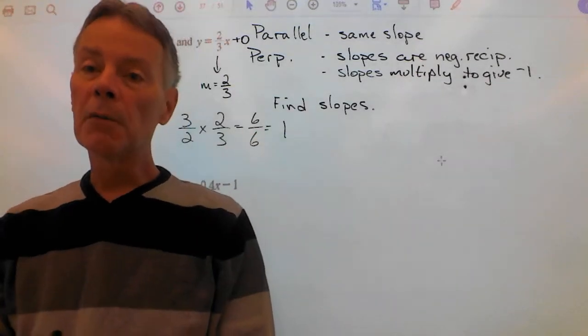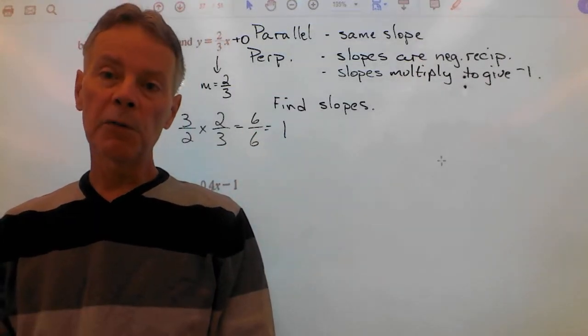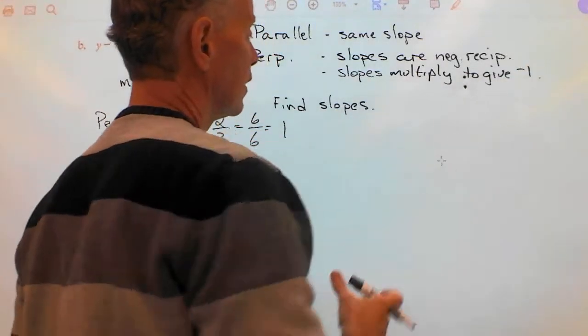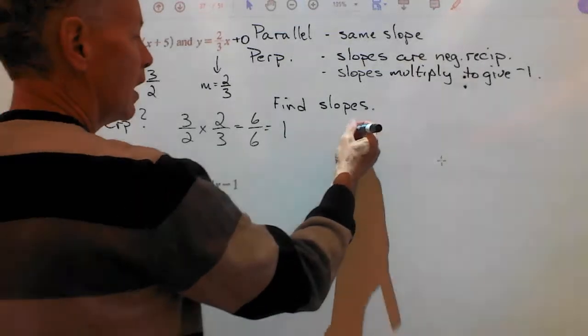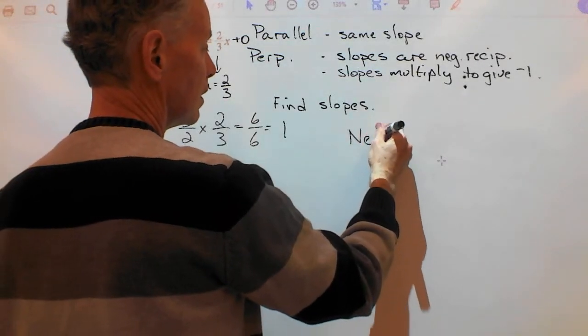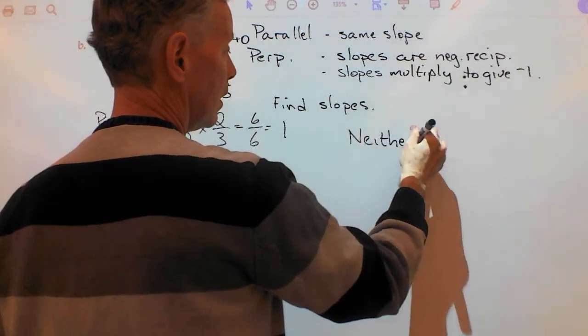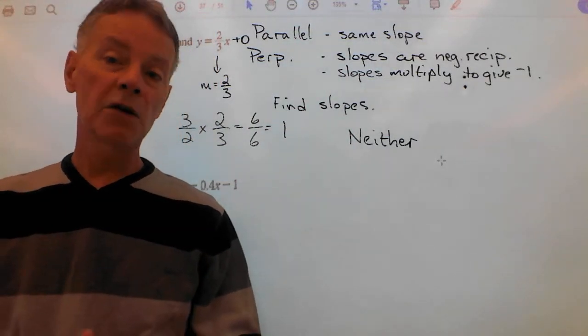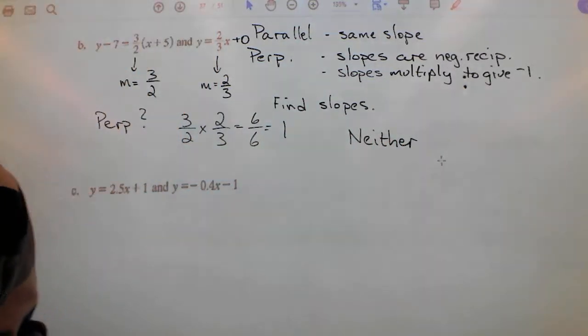Okay, remember, in order for them to be perpendicular, the product has to be -1. So these two lines are neither parallel nor perpendicular. Okay, just two lines.